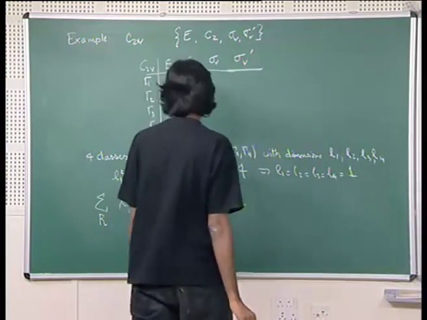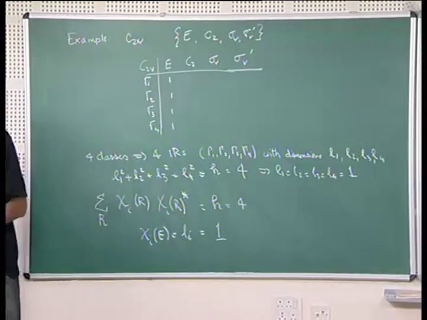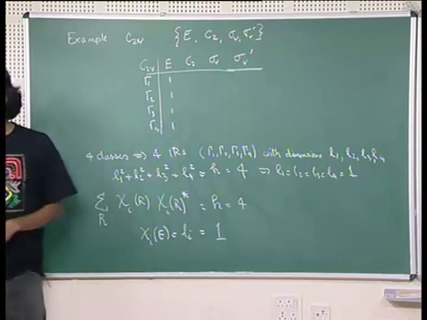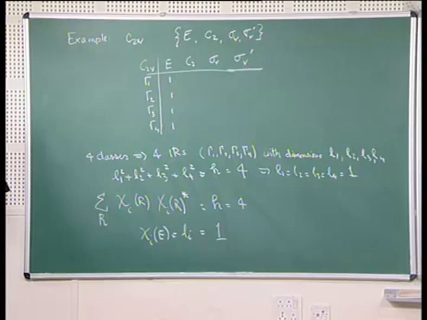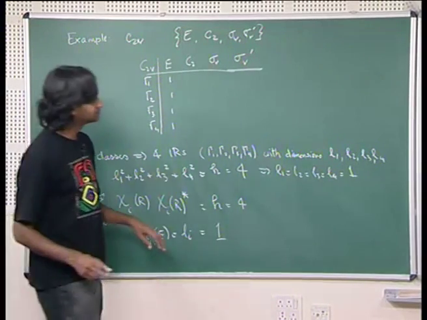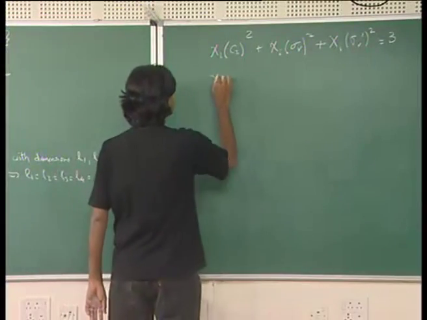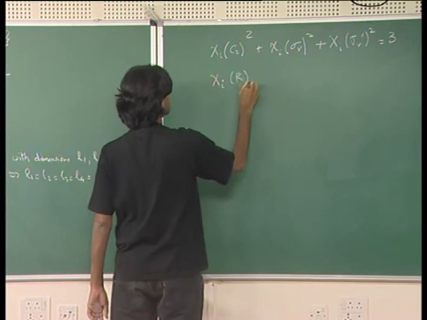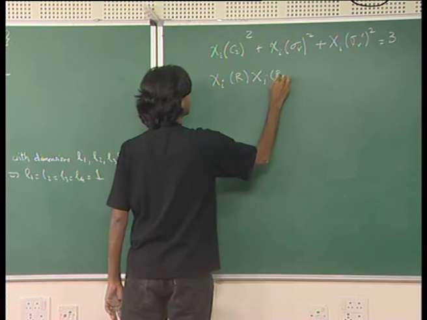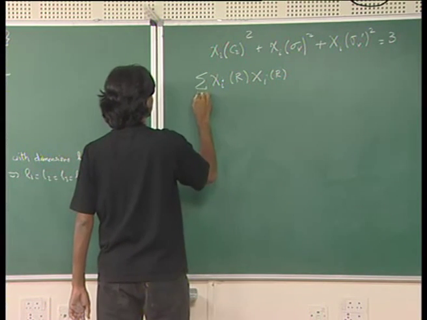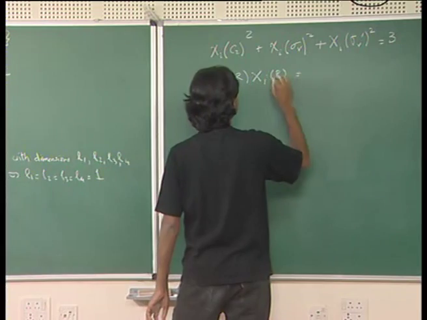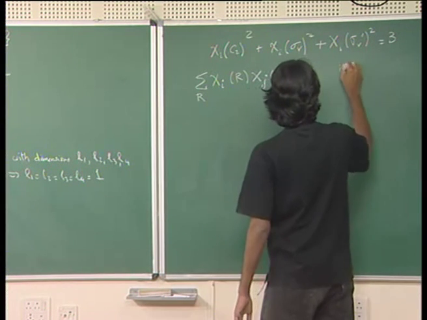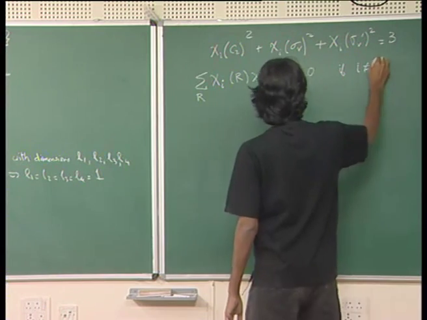And the additional relation is your orthogonality relation, which says that the sum over R of chi I of R chi j of R is equal to 0 if I not equal to j.